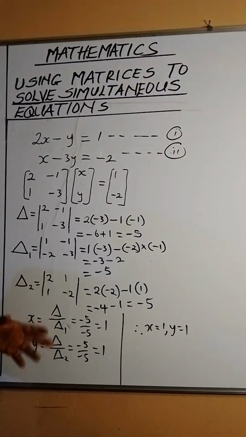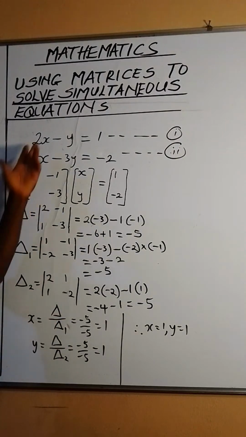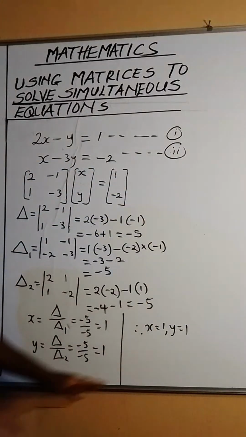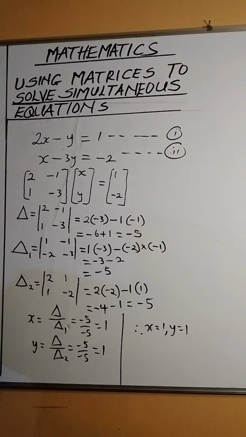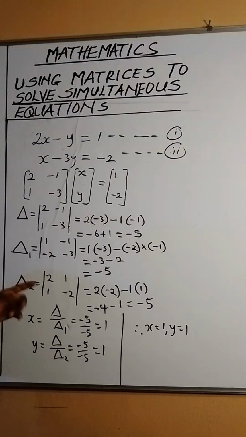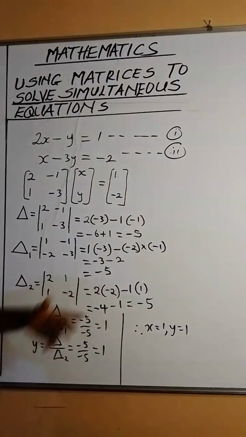Normally, we are supposed to solve them using the usual method, either the elimination method or the substitution method. But here we are using the matrix method, which is the determinant method. There are other methods of matrices, but this is the determinant method. Remember, we dealt with determinants yesterday also, so that's why we're dealing with the determinant method here.